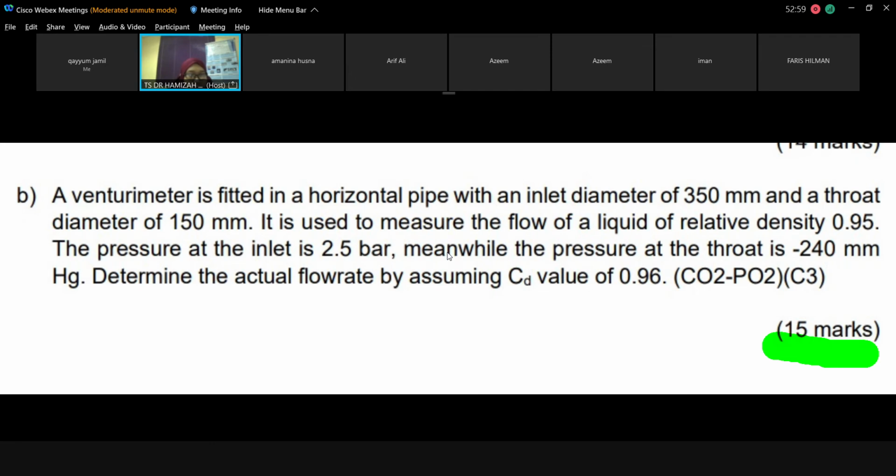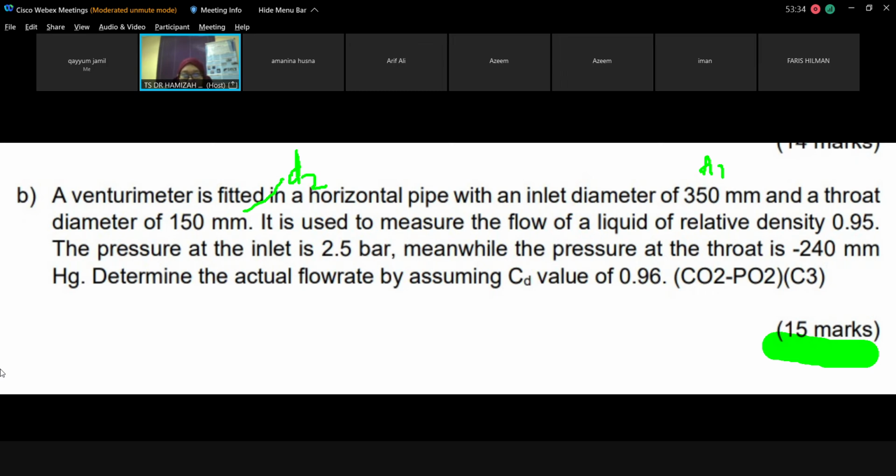Maybe let's see some of the clues. Venturimeter is fitted in the horizontal pipe. Given the diameter is 350, this is the diameter of the pipe, so we label it as D1 maybe. And we have the diameter of the throat, this is D2. The venturimeter is used to measure the flow of the liquid.